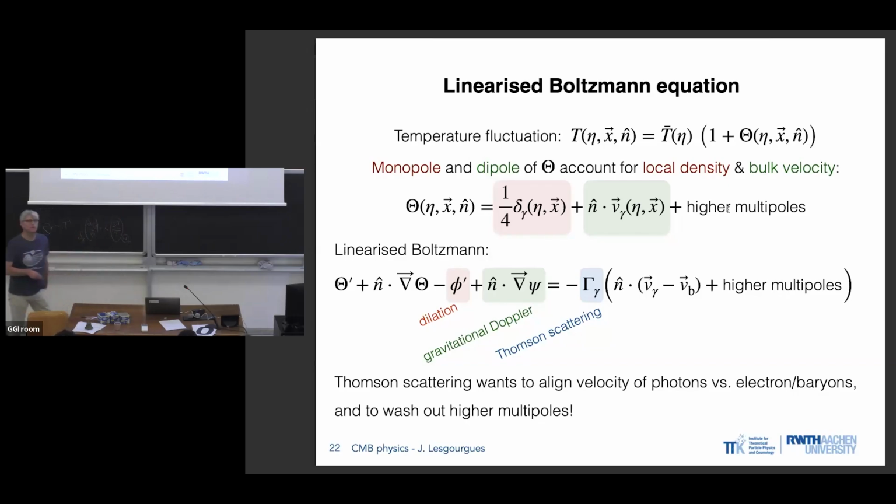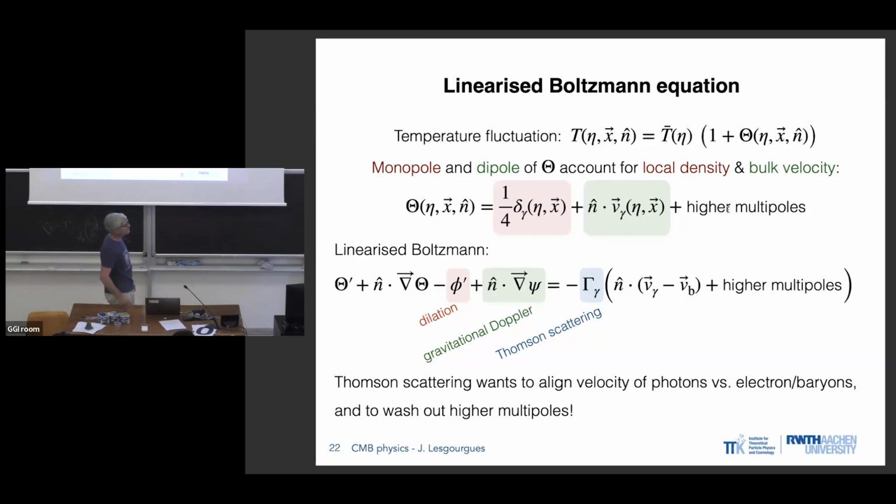What about the dipole? The dipole is just telling me that if I am an observer in this universe, I see a bigger flux from one direction, a smaller flux from the other one, and a cosine modulation between the two. This is typically what happens if, as an observer, I'm not in the rest frame of the photon, and thus I measure a Doppler effect.